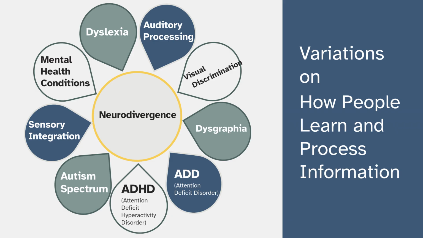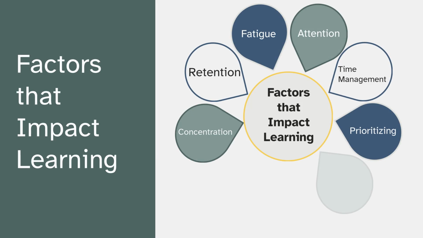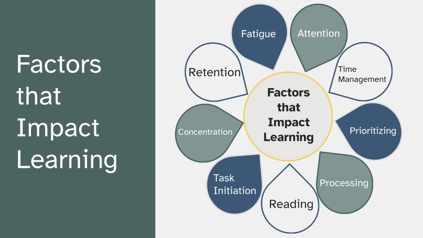Note that this is not a comprehensive list. Some factors related to these variations that impact learning include fatigue, attention, time management, prioritizing tasks, processing, reading, task initiation, concentration, and retention.